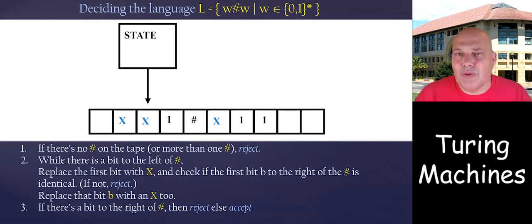Now we go to the right, see the sharp, see the first bit after the X, see that it's 1, and replace it too with an X. When we continue and finish, we'll reach the fact that there are no more bits to the left of the sharp, and we'll verify that at that point there is no bit to the right of the sharp, and we're going to accept.